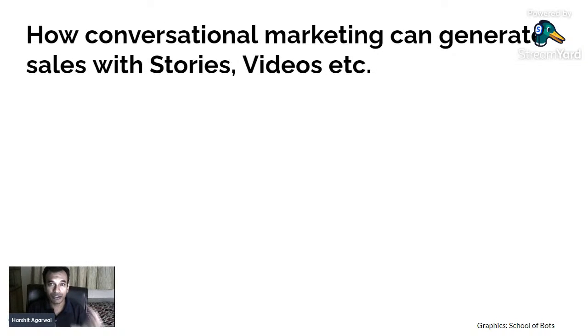So we can create a story that says DM me the keyword finance to learn about stock market investing. When people reply with the keyword finance, a conversation gets triggered, and that conversation can lead to a sale.